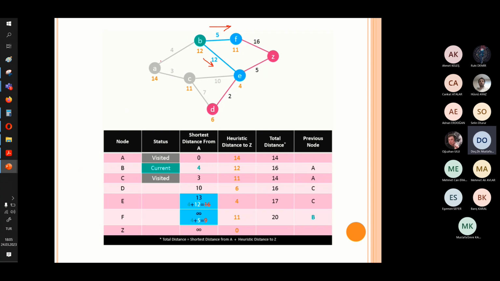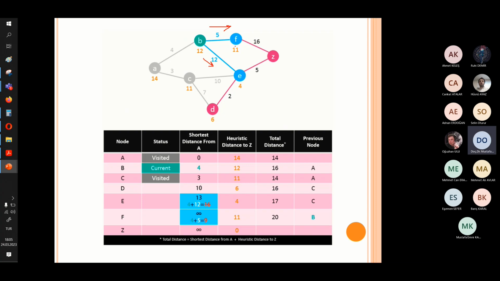Now there is another path from B, 4 plus 12, 16. 16 is not smaller than 13. Therefore, we will not update it. We will not be using that one. Therefore, we will not reach E through the B, but C. Therefore, the previous node will remain as C, because reaching from B will be more expensive than reaching through the C.